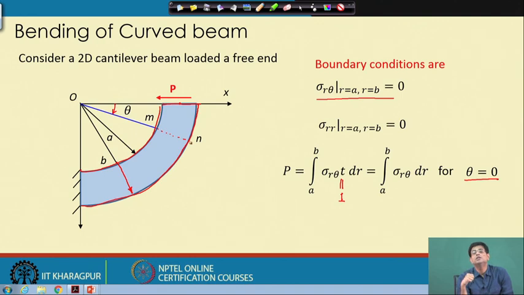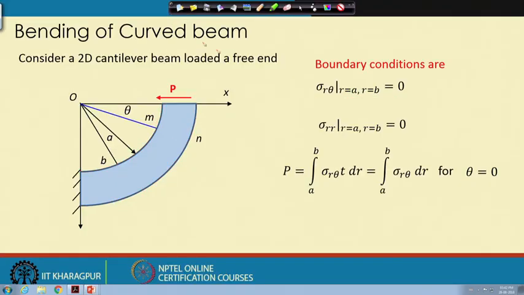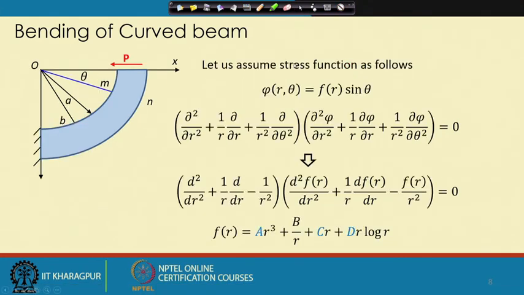If you remember the strength of materials solution, the bending moment at any cross section of the curved beam varies with sin theta. We will use this fact while approximating the stress function.